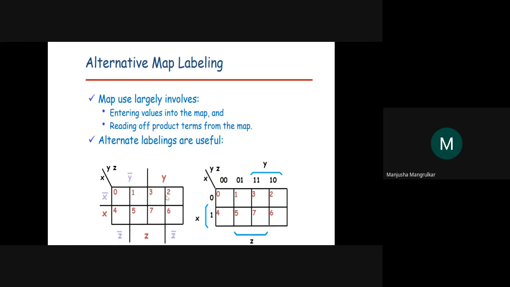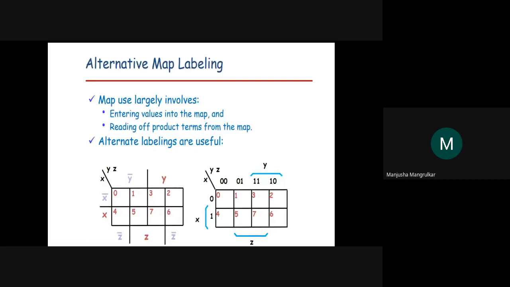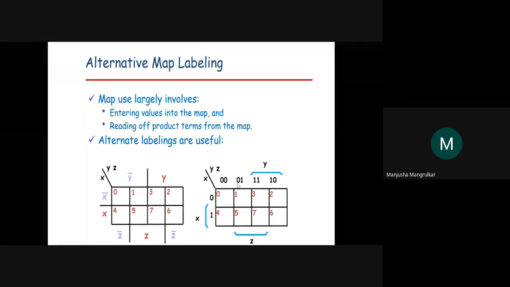So the answer is only the y value. Suppose you are taking these two and these two, that is also possible. We are going to see that. If you are taking these two and these two, it gives the z complement value. And if you are taking just the groups in between, it is z, because z does not change, y changes, and x changes.